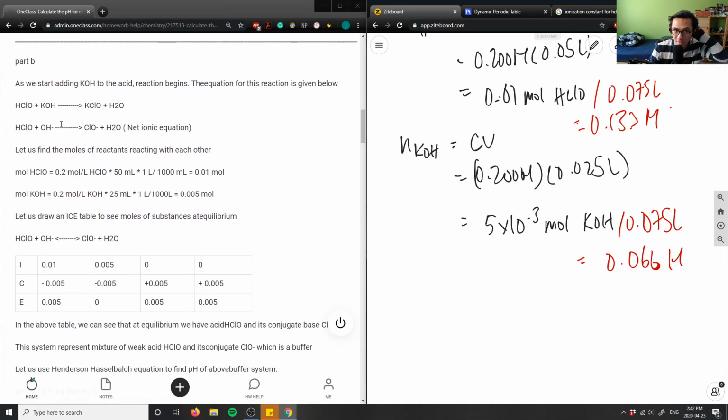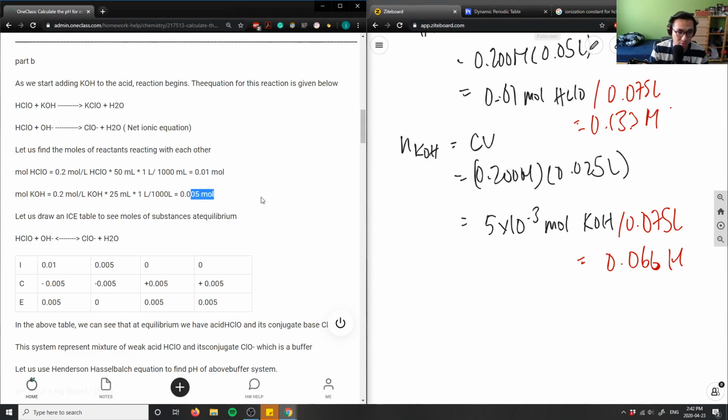They have HClO plus KOH gives KClO plus H2O. That's good. And then HClO plus hydroxide gives us ClO minus and H2O, so this is our net ionic equation. That's good. They're solving for their moles like I did, 0.01 and 0.005.